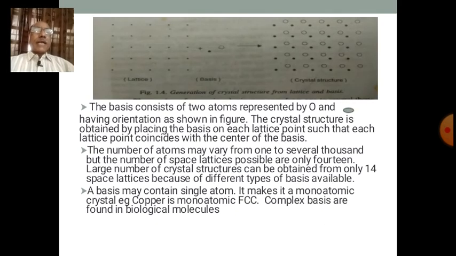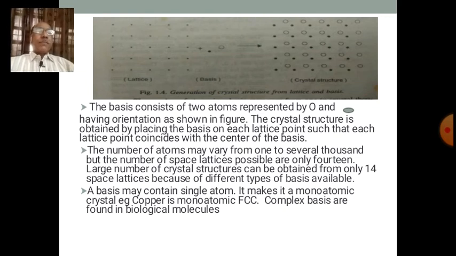Let us try to understand how a crystal structure is formed from a space lattice and basis. On the left side of the figure, a lattice is shown, which is an arrangement of imaginary points, isn't it?